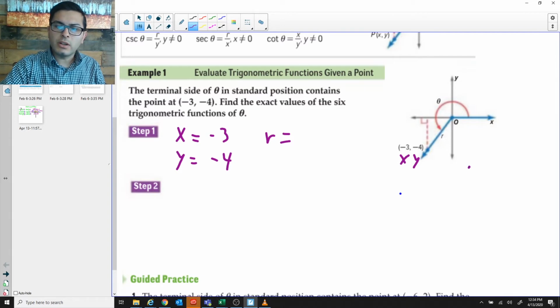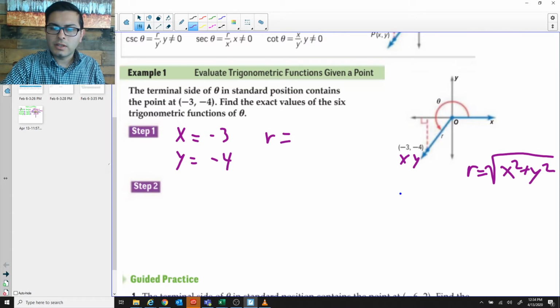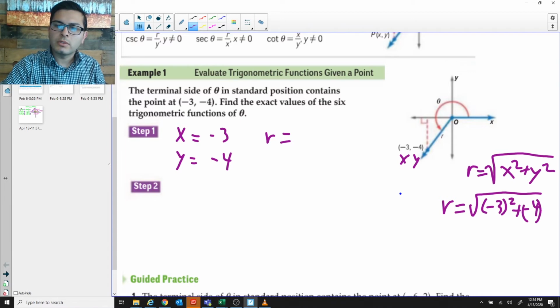That's going to be r equals the square root of x squared plus y squared. So let's just plug all of those values in. R equals the square root of -3 squared plus -4 squared.